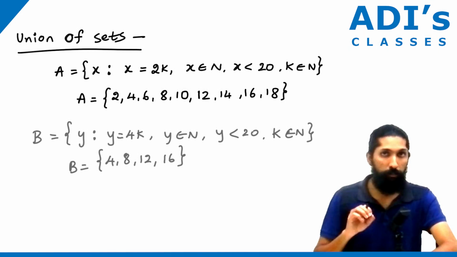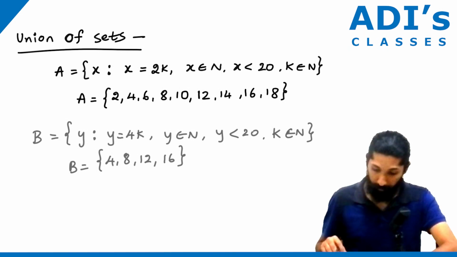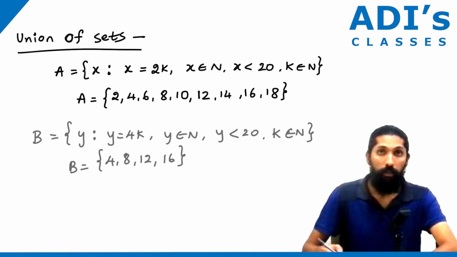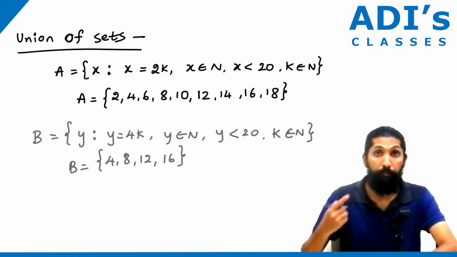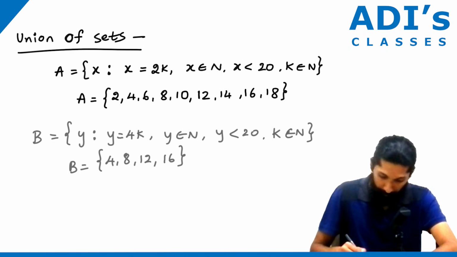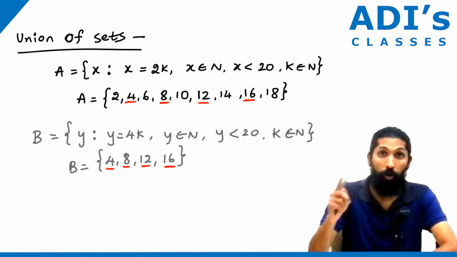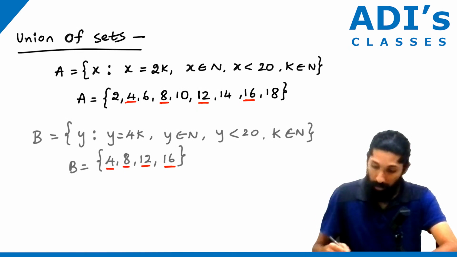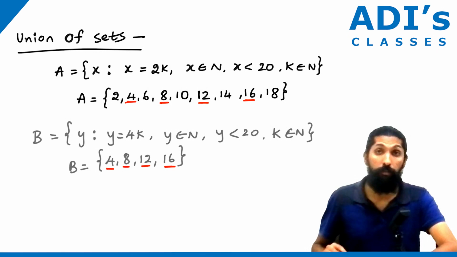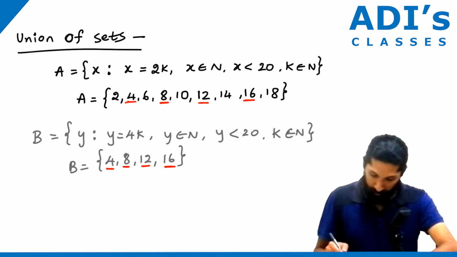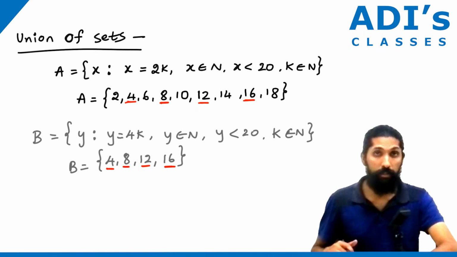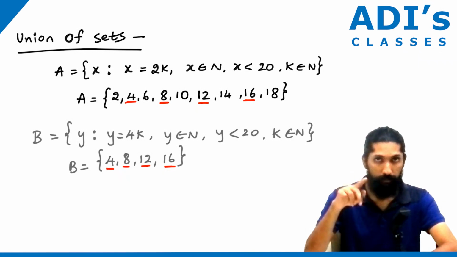For this, there are subtle points you have to notice. If you look carefully, certain elements have been repeated: 4 is repeated, 8 is repeated, 12 is repeated, then 16 is repeated, correct? These four numbers are common to both sets. Now, when we draw the Venn diagram, first we have two sets, and sets are represented as circles.